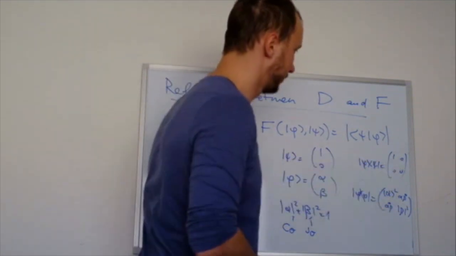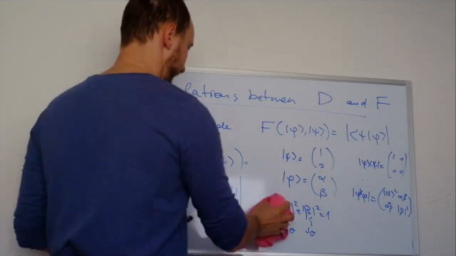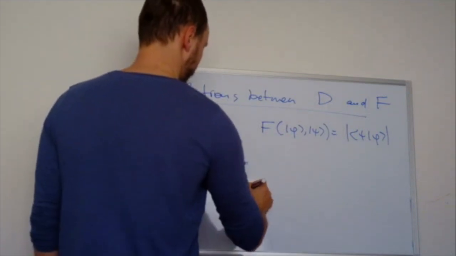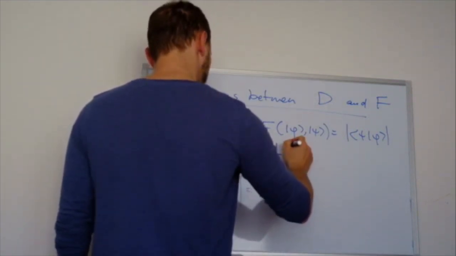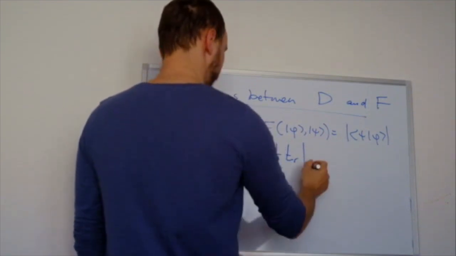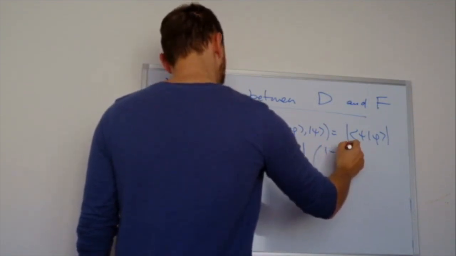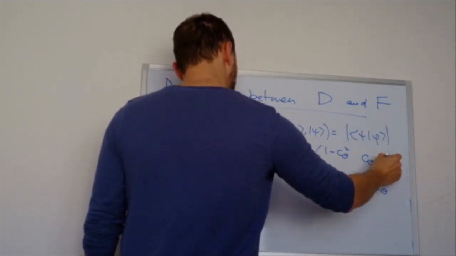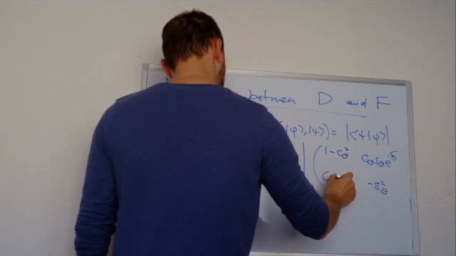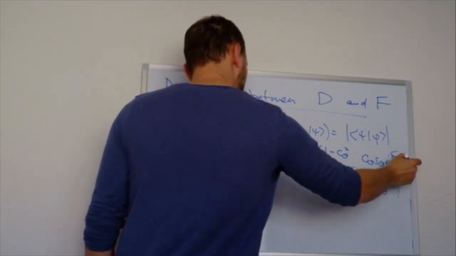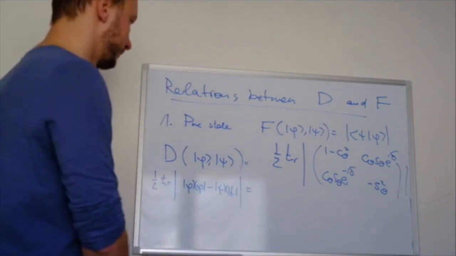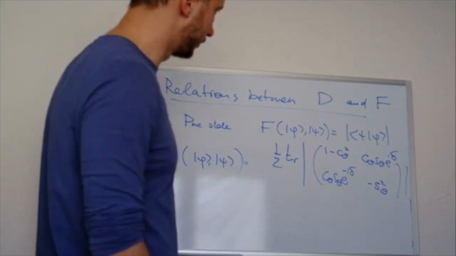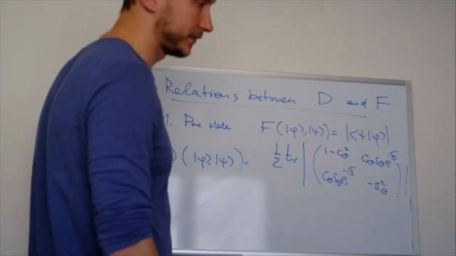Now we use this basis we just defined to compute this trace distance, and in this basis we get that this difference is 1/2 trace of the following matrix: 1 minus cosine squared theta, minus sine squared theta, cosine theta sine theta with some phase, cosine theta sine theta with some other phase. Okay, and of course the trace of the absolute value is really just the sum of the absolute values of the eigenvalues, right?